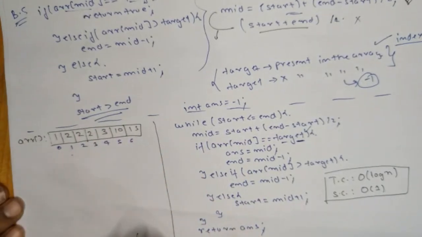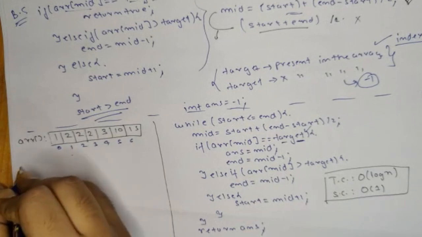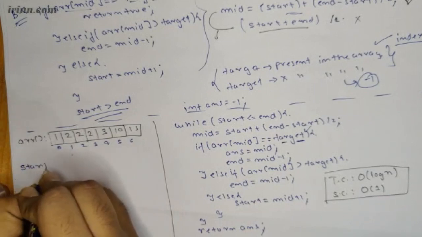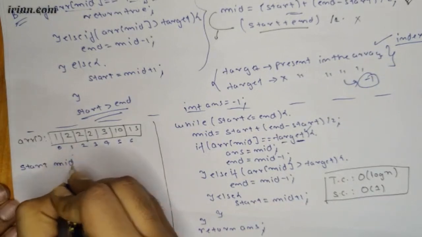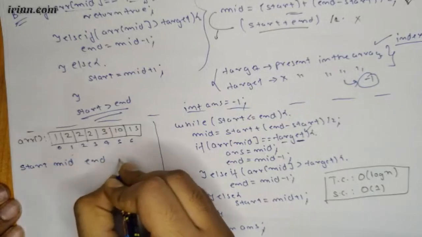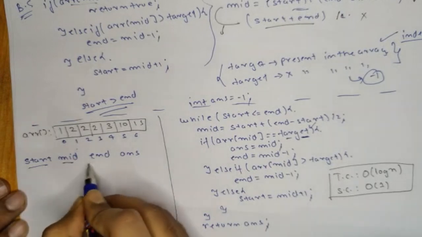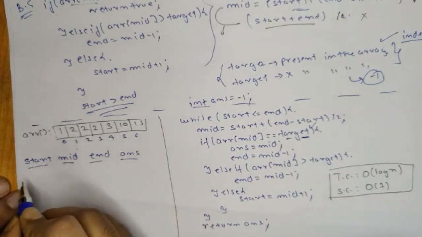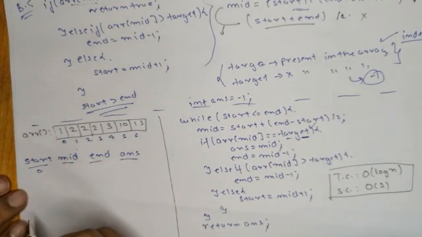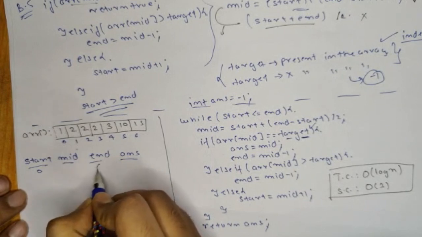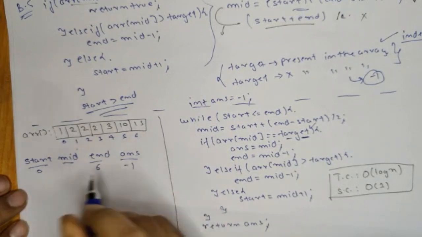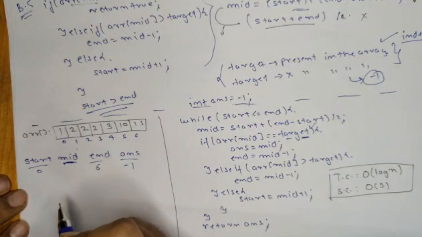Now we have four variables: start, mid, end and answer. The initial values of these variables are, for start we have 0, for end we have 6, answer we have minus 1, and we need not initialize mid, but it is not mandatory.